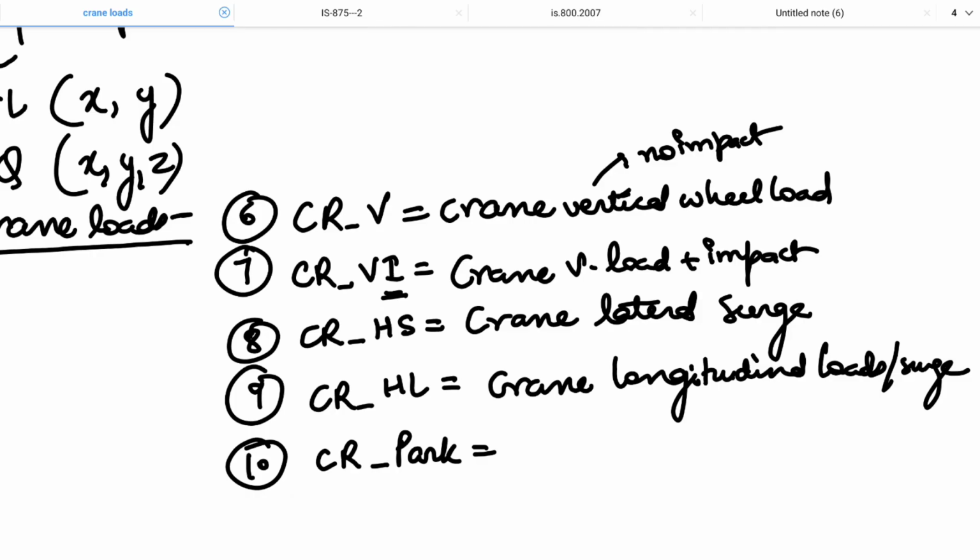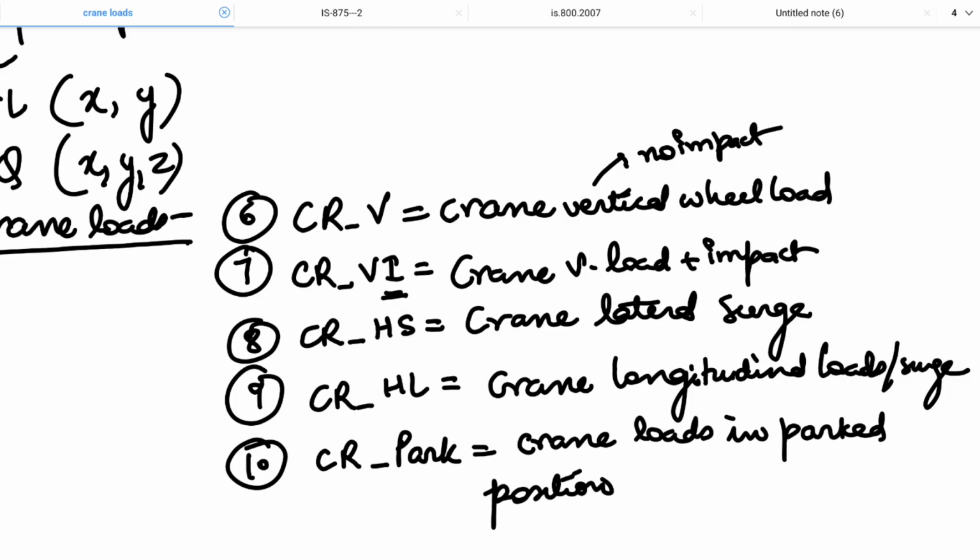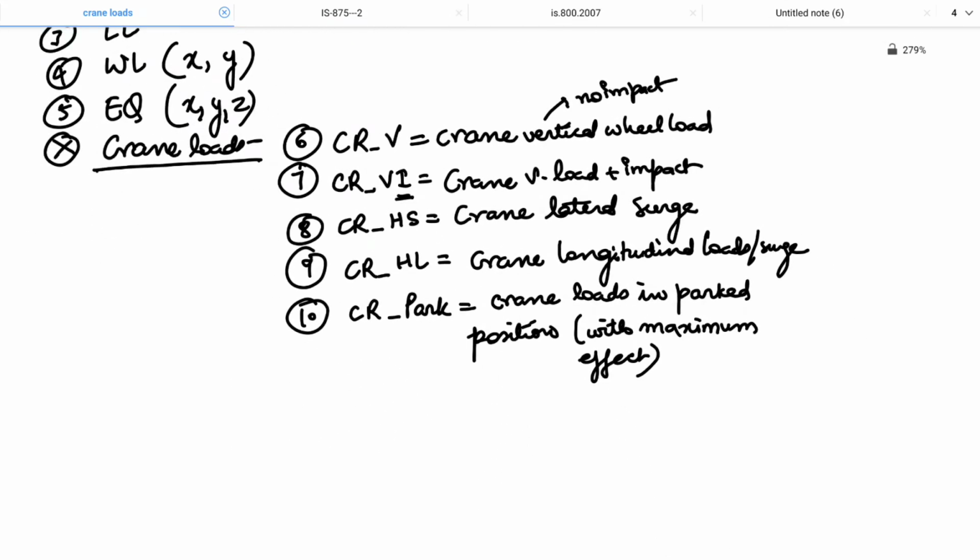So these are the crane loads, with maximum effect.